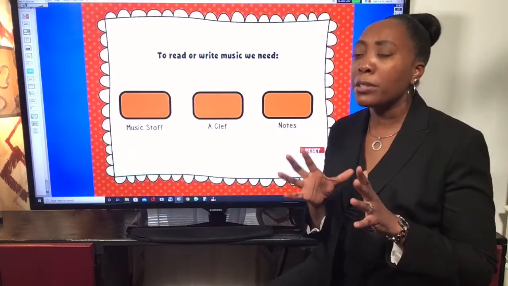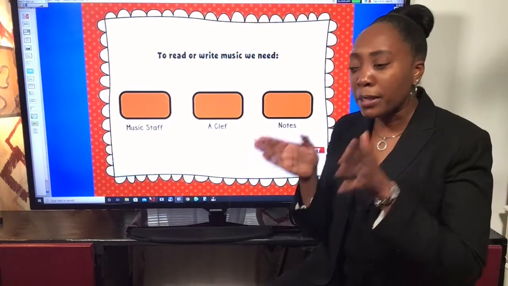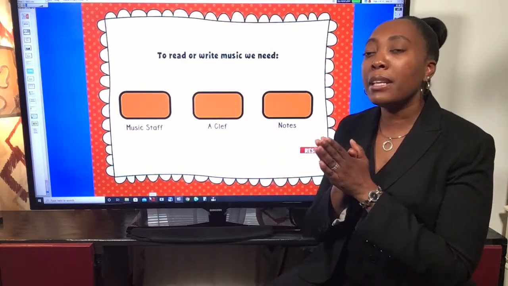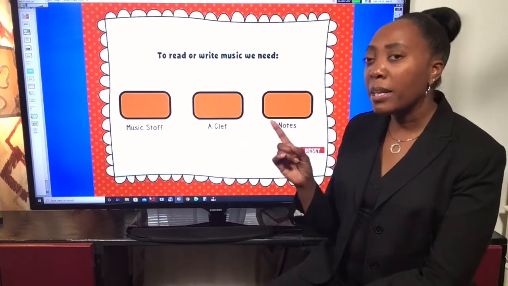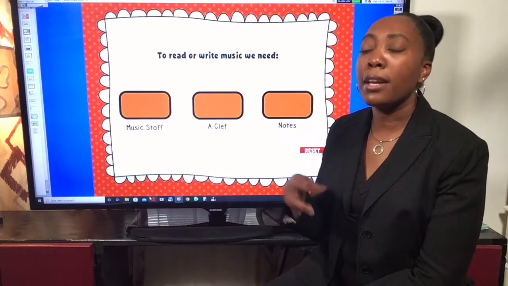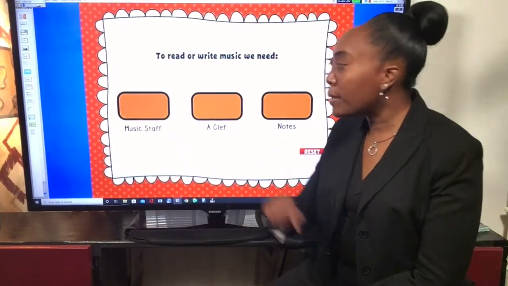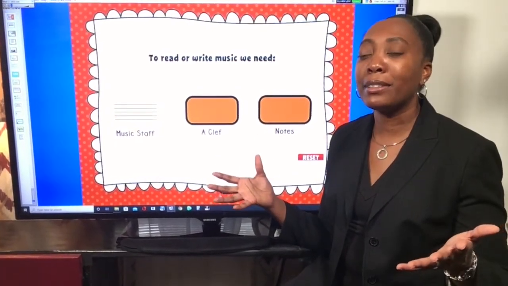All right, so now let's learn a little bit more. In order to read and write music, if we're using the bass clef, there's a couple of things that we need. You should remember from the previous lesson, what do we need to read and write music? Well, the first thing we're going to need is the music staff. How many lines and spaces does a music staff have?